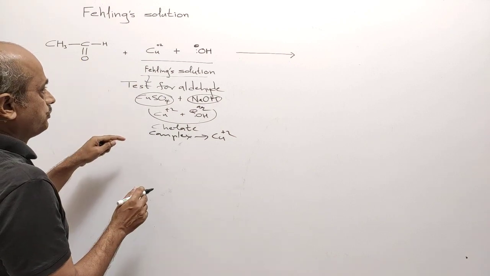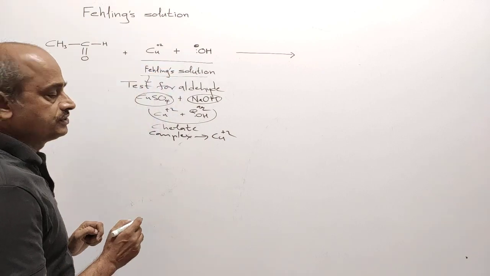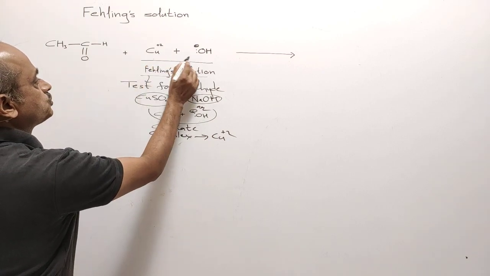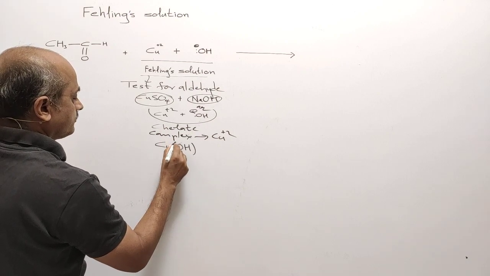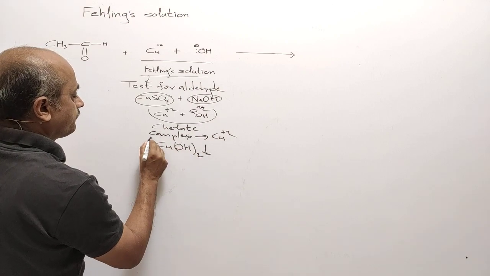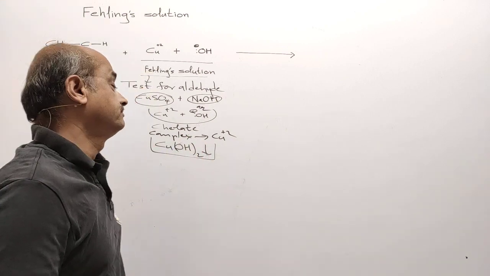Or else, suppose we mix without Rochelle salt, copper sulfate and NaOH: copper plus 2 and OH minus ions will form a precipitate of Cu(OH)2, and free copper plus 2 will not be available.